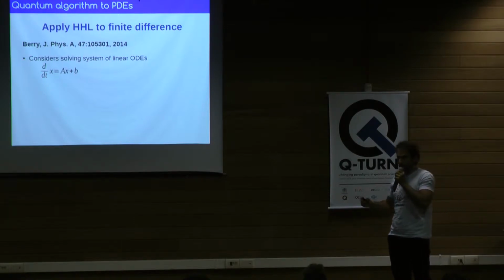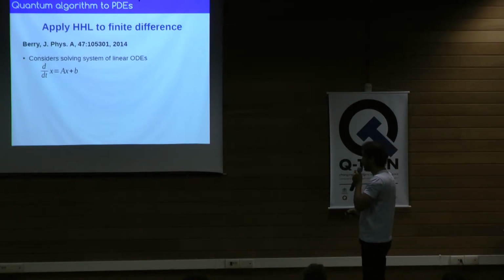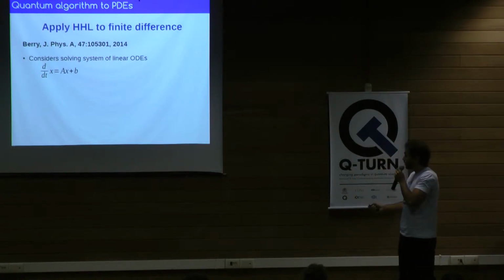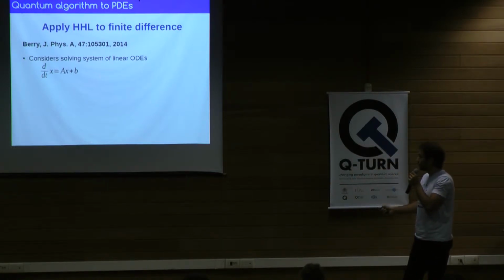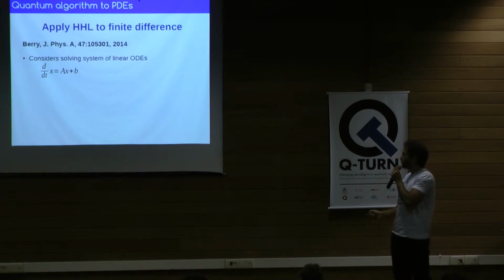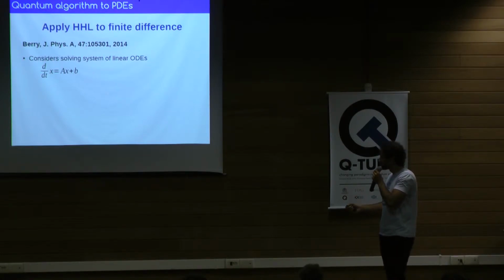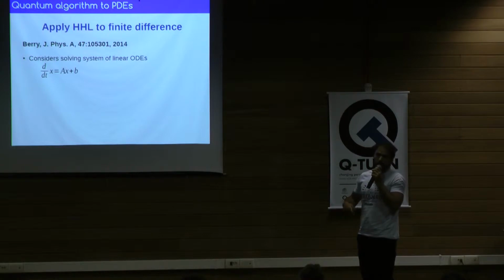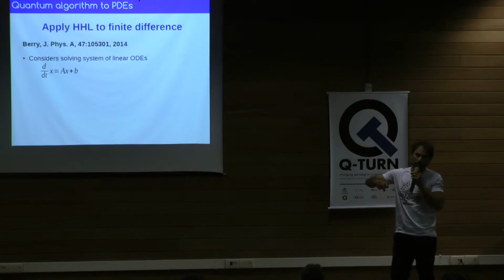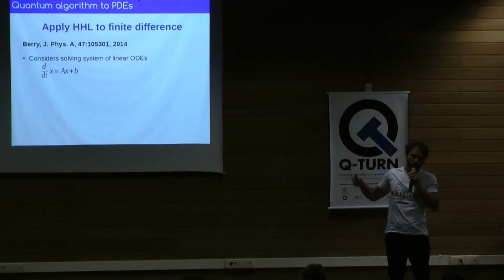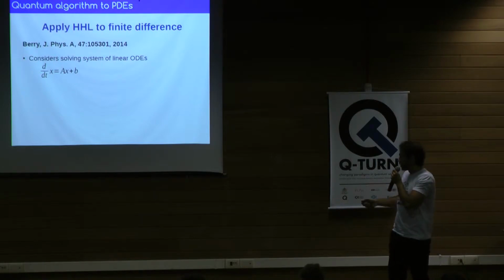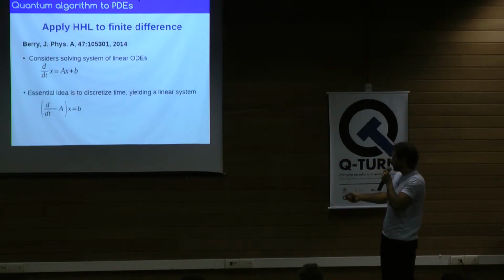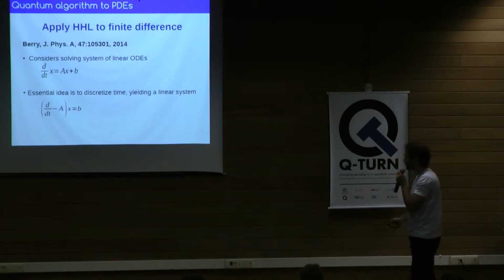The condition number depends a little bit on the precision that you want. Also, here I'm dealing with a first order differential equation, but there are standard techniques to convert second and third order differential equations to the first order one. And so then you can see it as a linear system to solve.